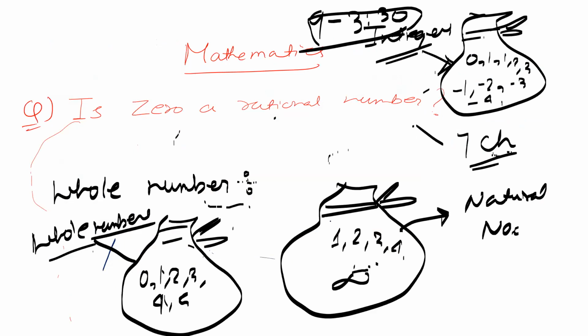In the first bag, we had only the natural numbers. In another bag, we added 0, and that collection of numbers we call whole numbers. And in the third bag, we put negatives of whole numbers also. Here are negative numbers also. So we call the collection integers.